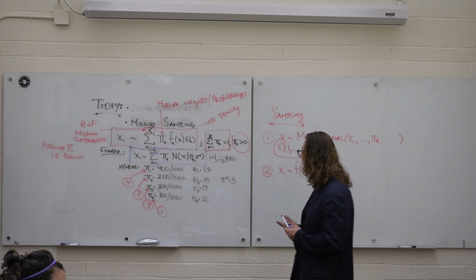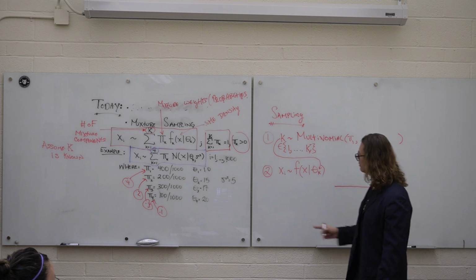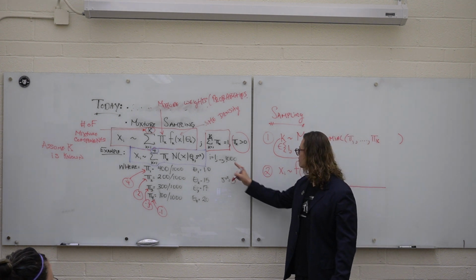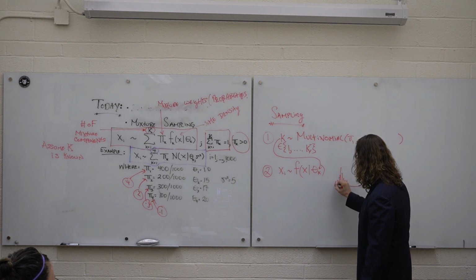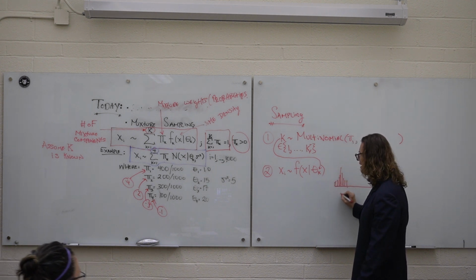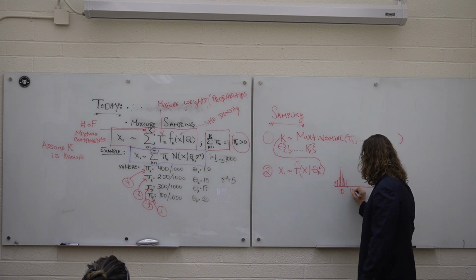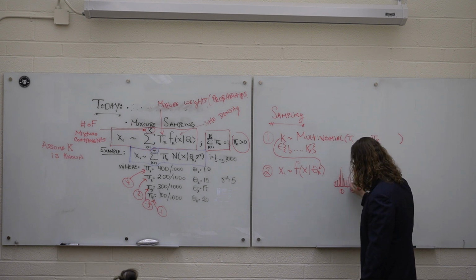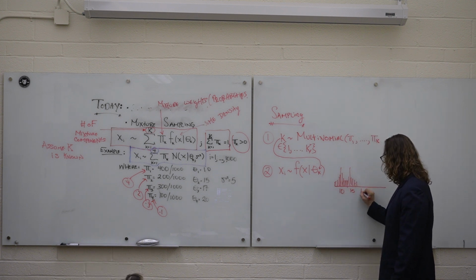And so at the end of the day, I wind up with some number of data points, and it's going to come from some sort of a mixture distribution. So let's just say this is centered at 10. Then I've got something centered at 15. Then I have something centered at 17.